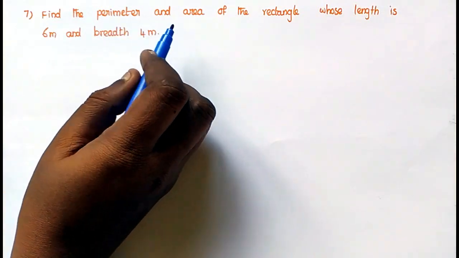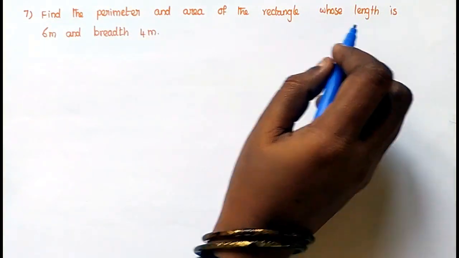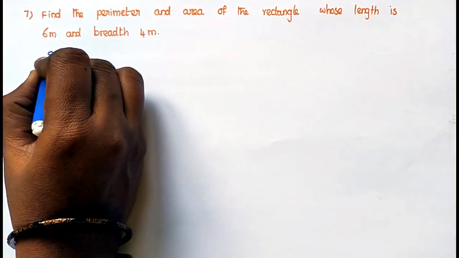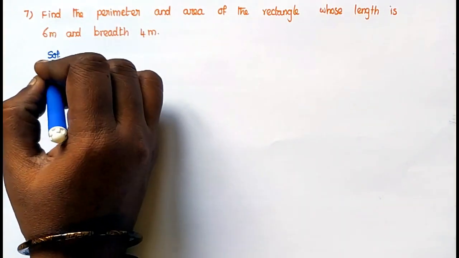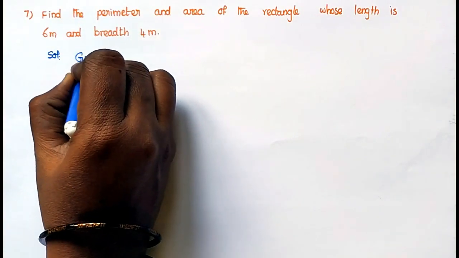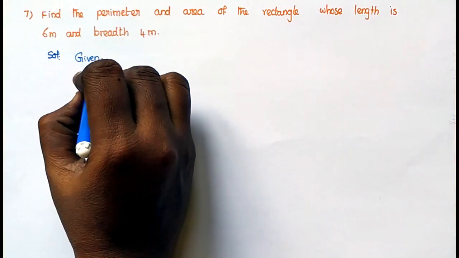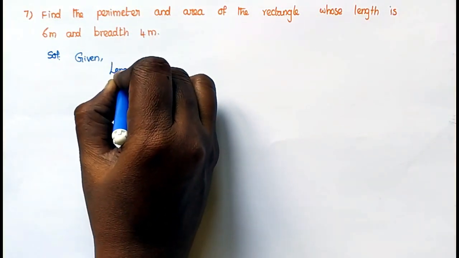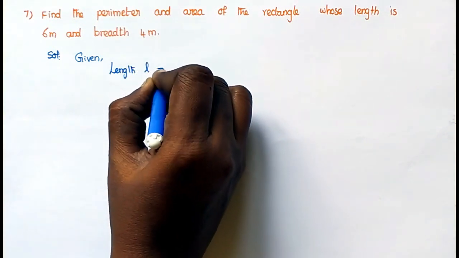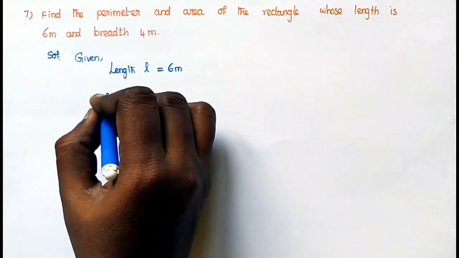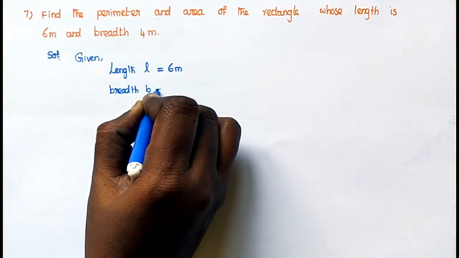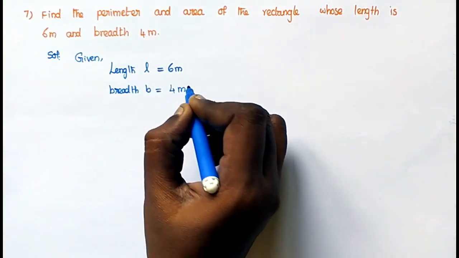Seventh sum. Find the perimeter and area of the rectangle whose length is 6 centimeter and breadth is 4 centimeter. Listen, this one. Given, what they given first, write down. That is length and breadth they given. Length L equal to 6 meter and breadth B equal to 4 meter.